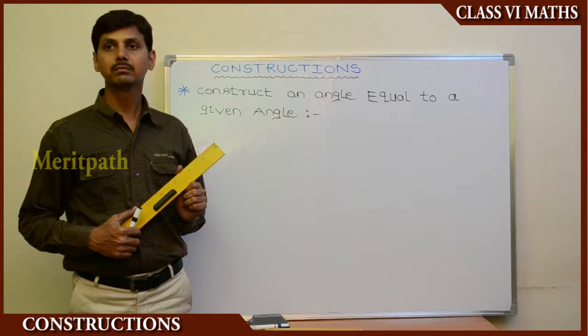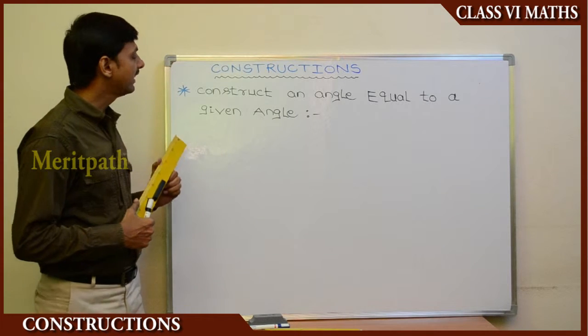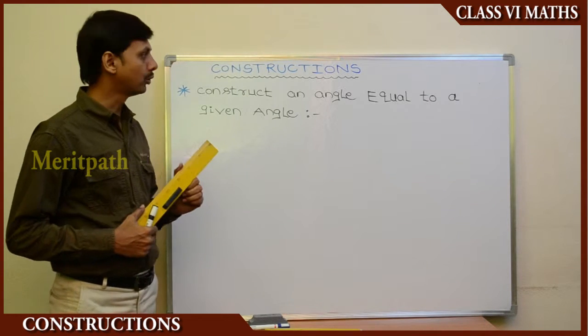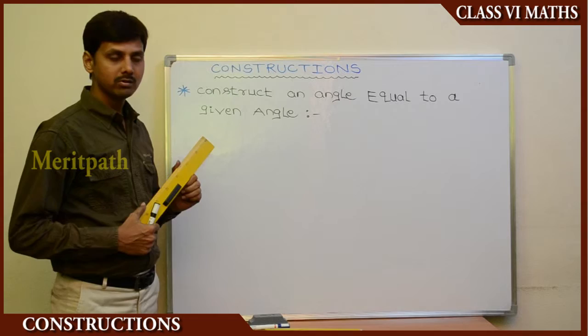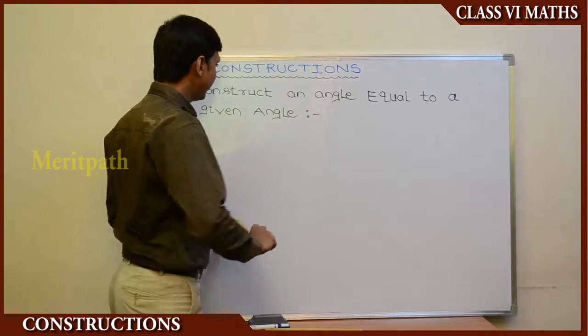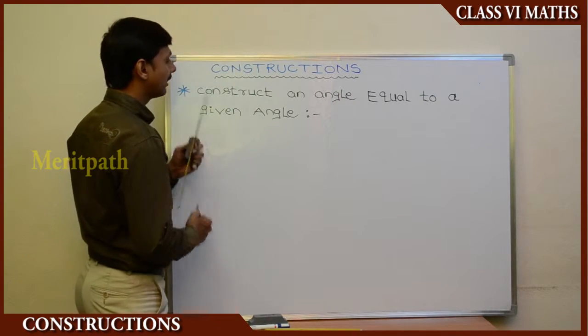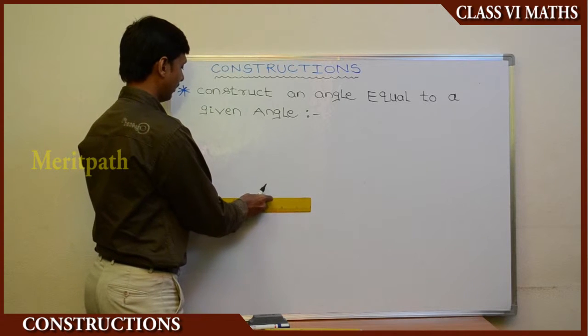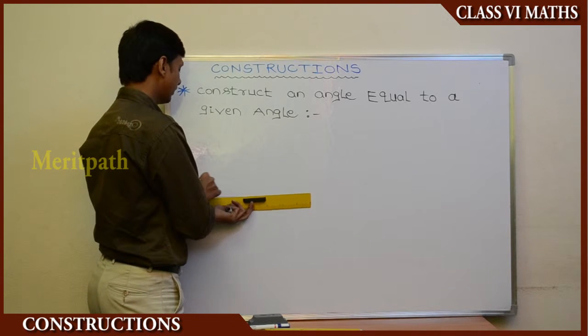Equal to a given angle. We need to construct an angle equal to a given angle. So let's construct an angle first. Let's draw a line segment.